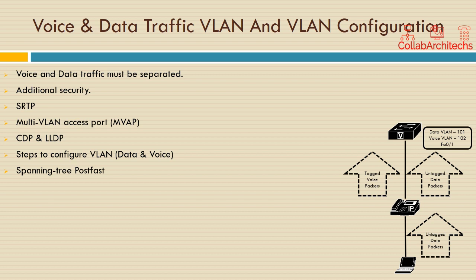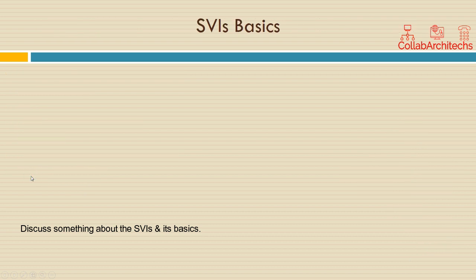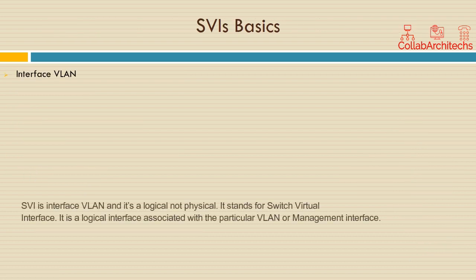Okay, so now let's go ahead and discuss something about the SVI and its basics. SVI is interface VLAN and it's logical, not physical. It stands for Switch Virtual Interface.